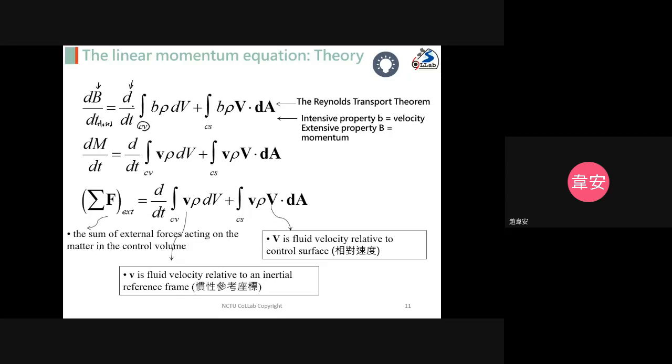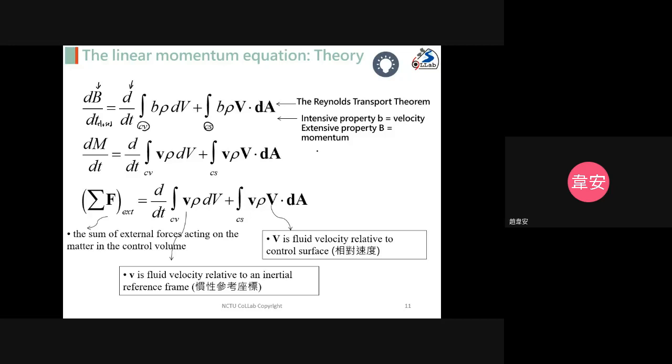changing with time. And for the control volume, we always want to see whether some physical property accumulates or flows out. So we focus on the exchange along the control surface for our physical property, which is the intensive property multiplied by rho, V dot product with the small cross-section area dA.